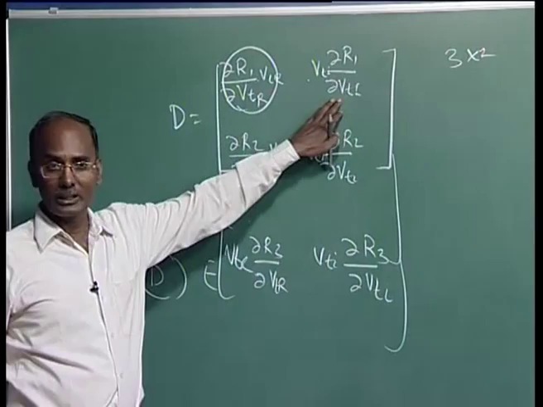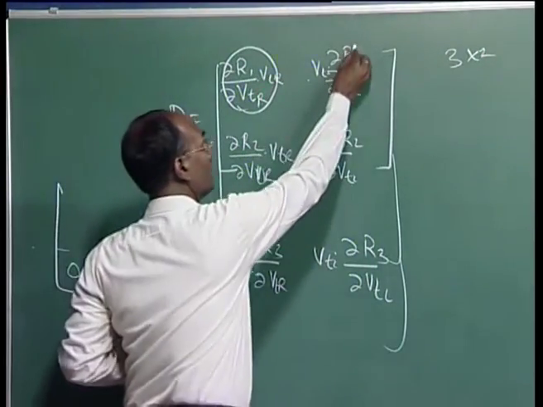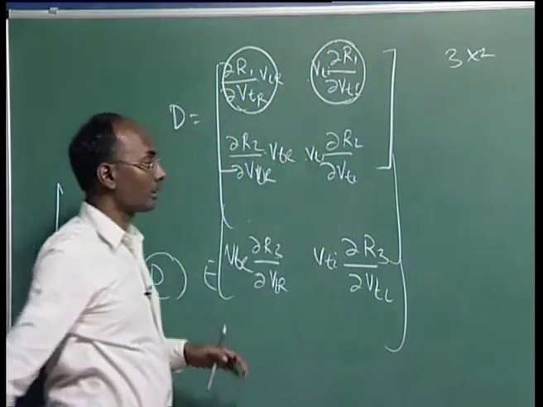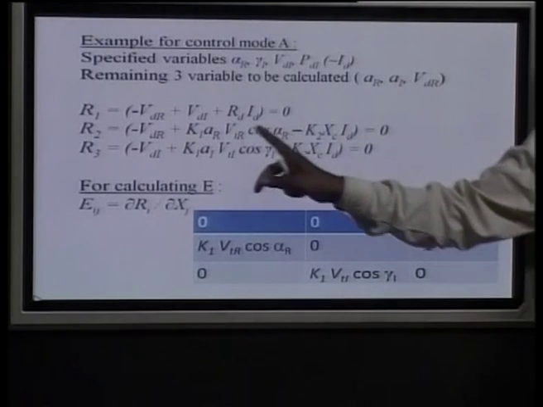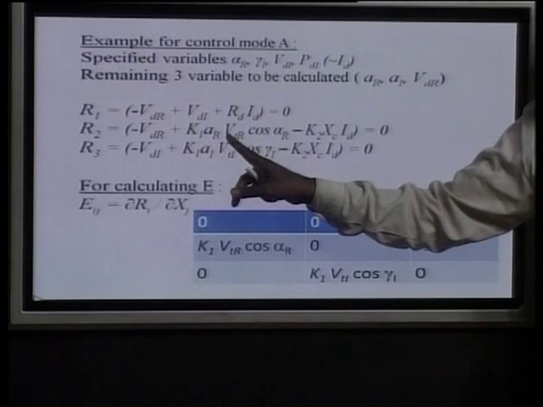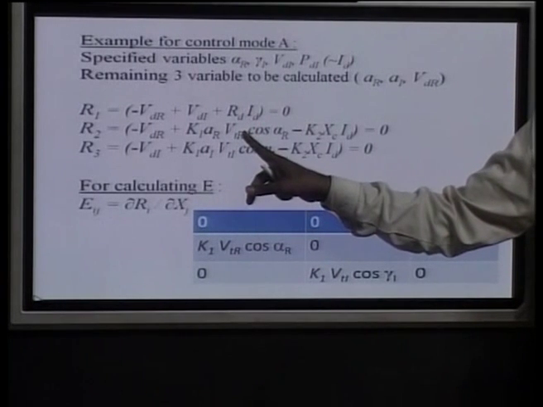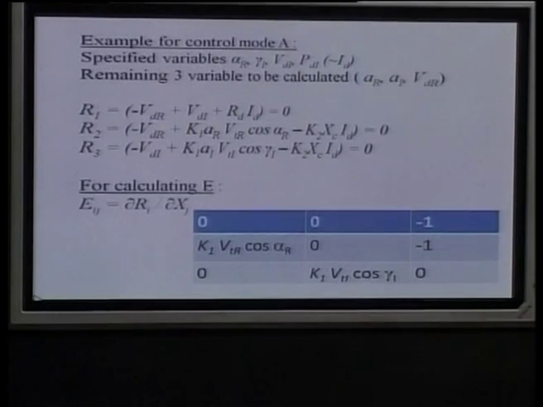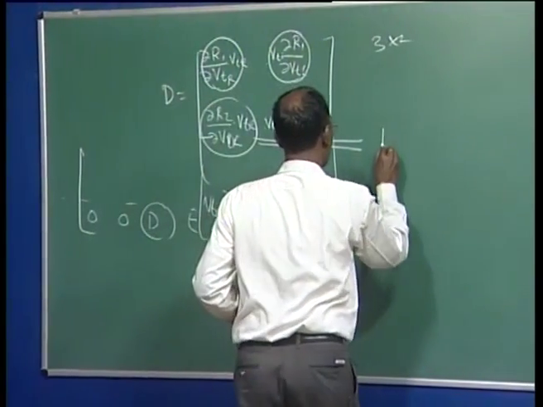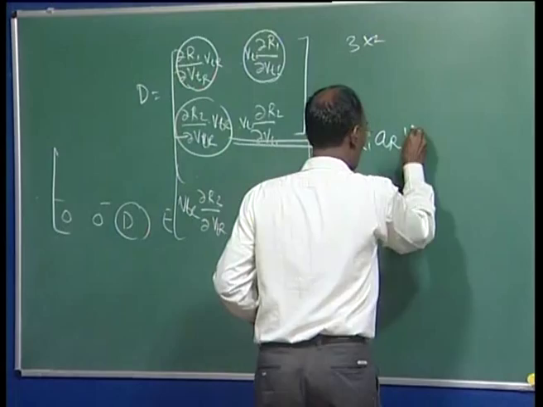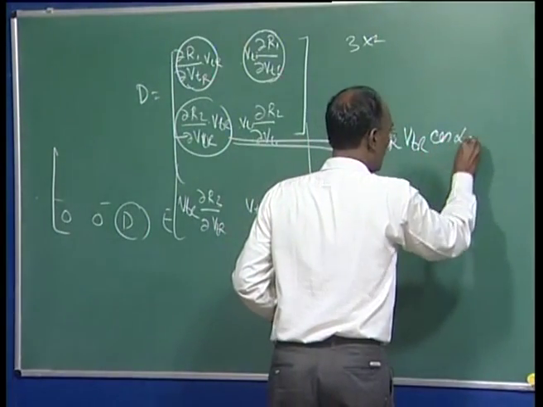Now, this Vti, it is also 0. Now, the second term here. So, this is 0, this is 0, here K1 AR, here Vtr will also be there, mind it, because we are multiplying here.